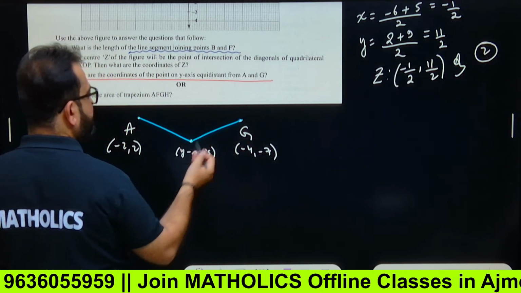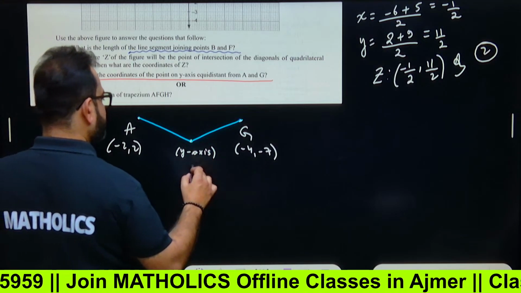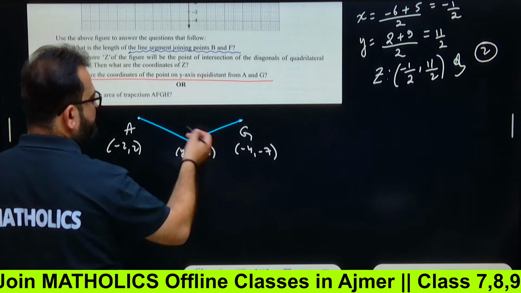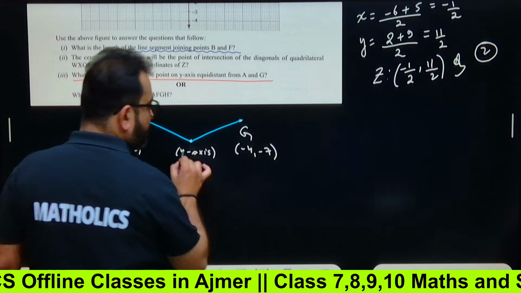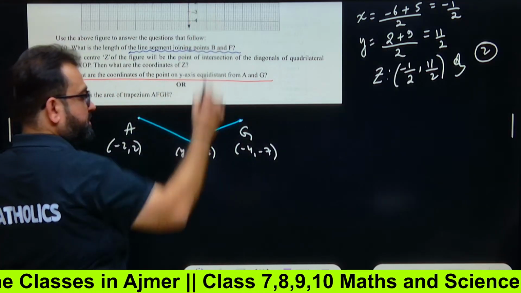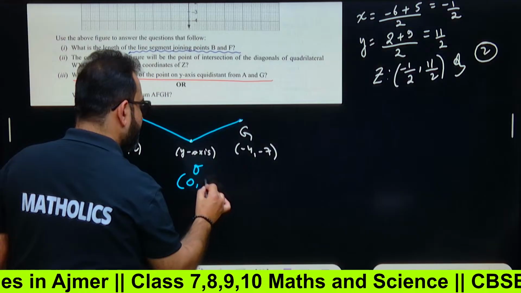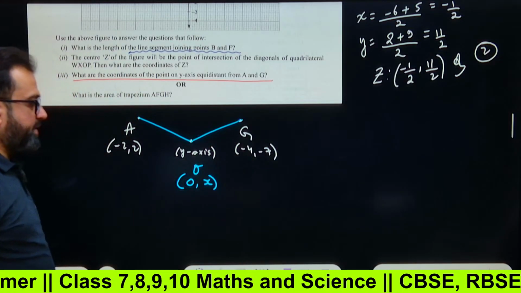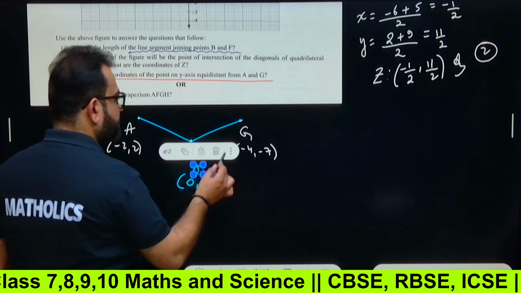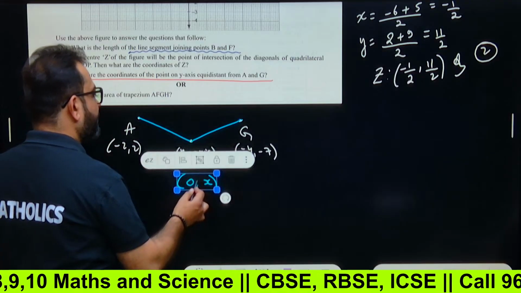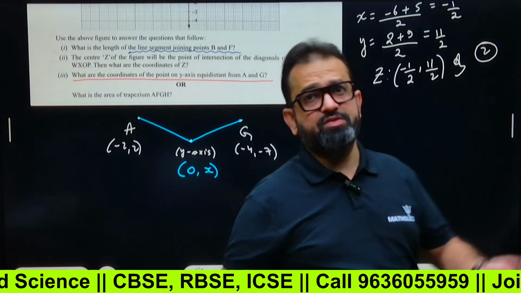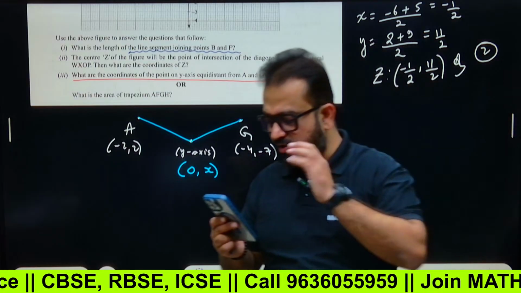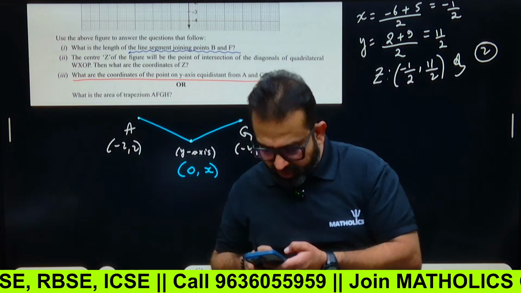Let's say this point is O. Because it is on the y-axis, its x coordinate will be 0. Let's say the coordinates of this point are 0, comma x. How many of you understood that if it is on the x-axis, y will be 0, and if it is on the y-axis, x will be 0? Yes or no? Tell me.